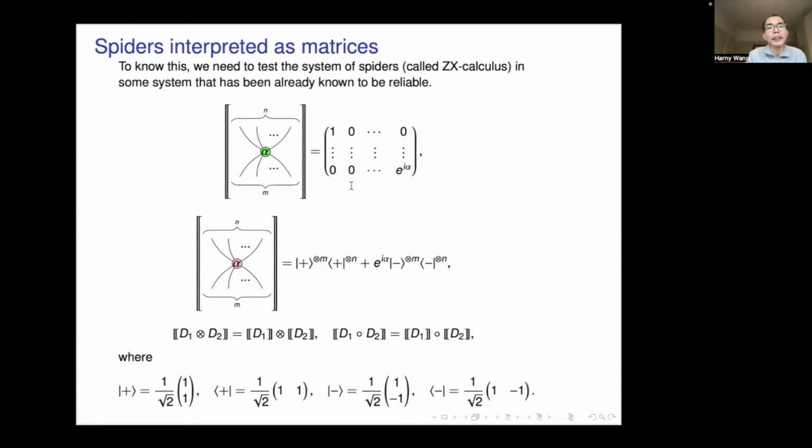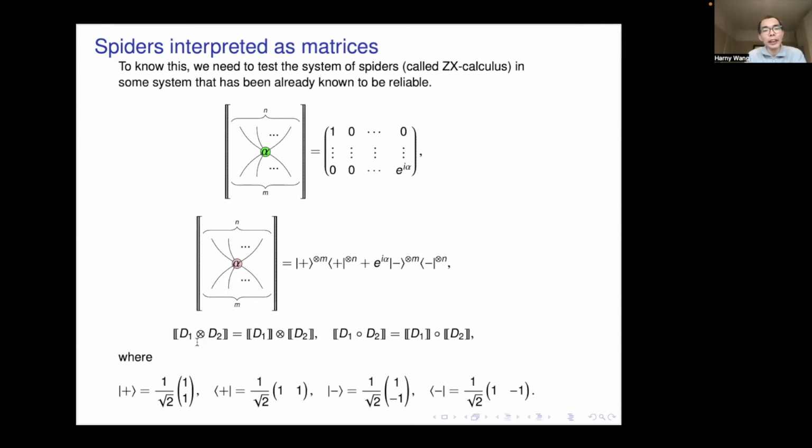So basically if n is equal to m, it is just the diagonal matrix. For x, the cat plus state is 1 1 basically, and cat minus is 1 minus 1.